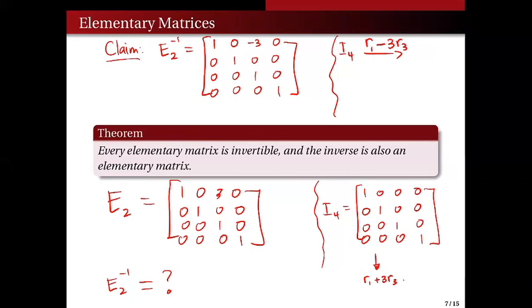So the question is, is this really the inverse of E2? You can check. You multiply this matrix with this matrix. This is your elementary matrix.